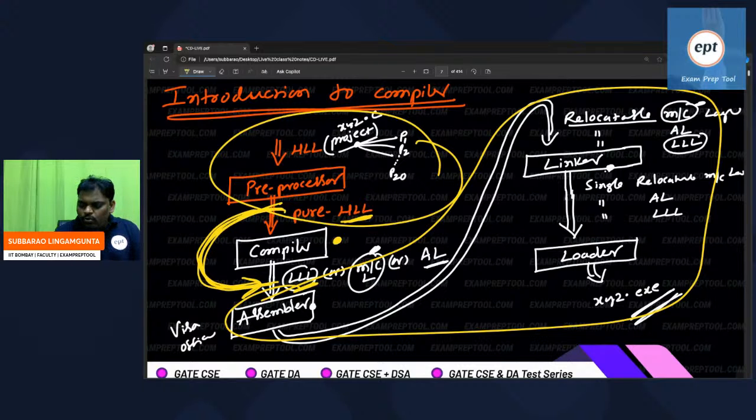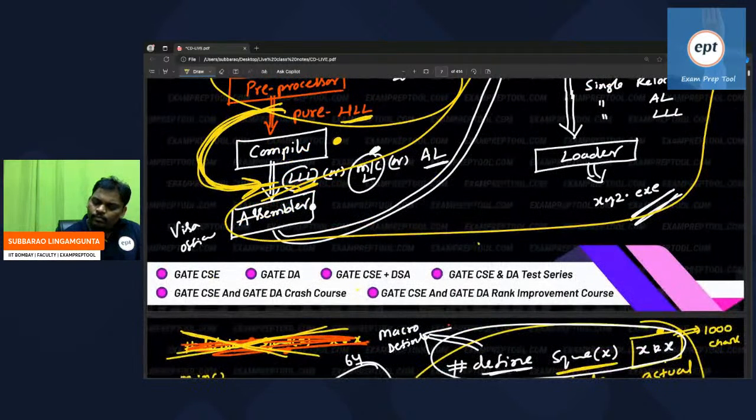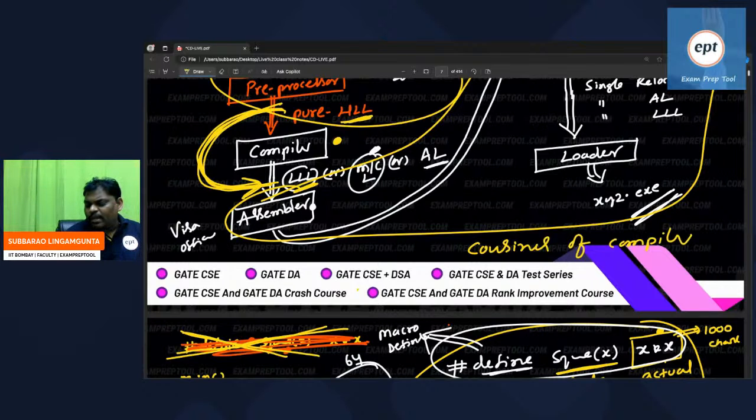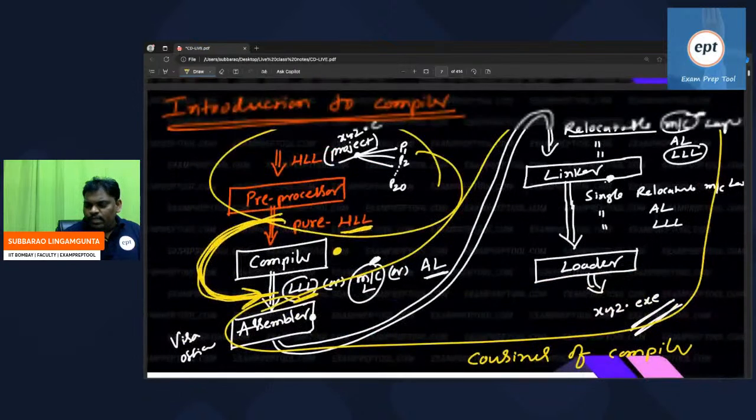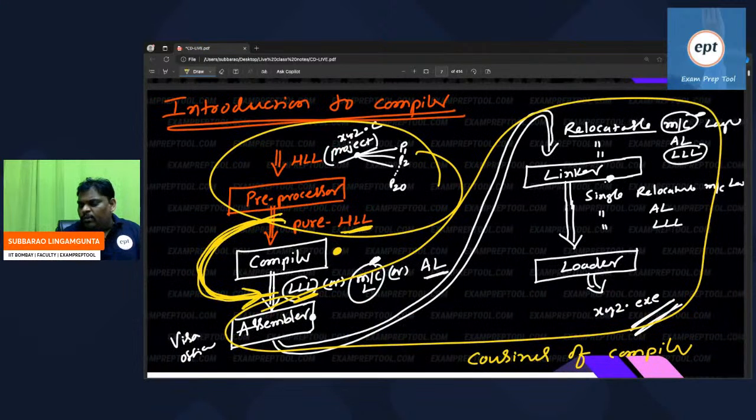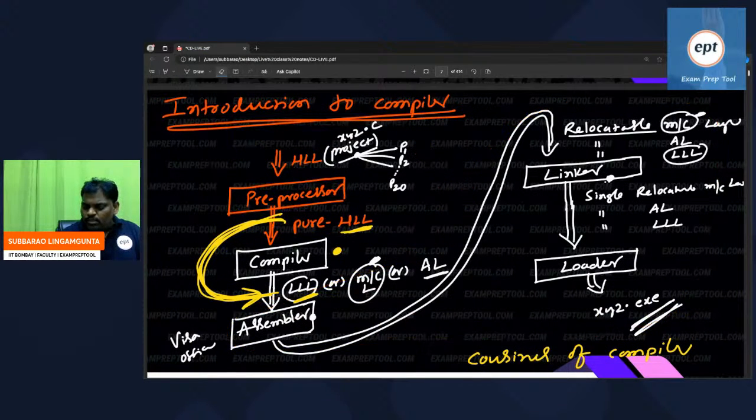I just want to say one thing. See this one. This entire diagram shows how a particular language will be processed, whatever I have done until now.